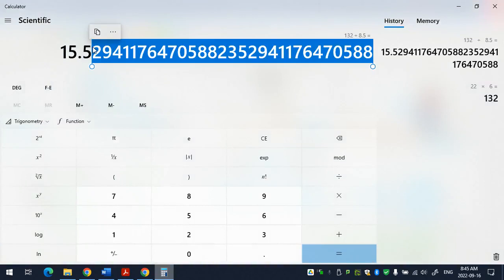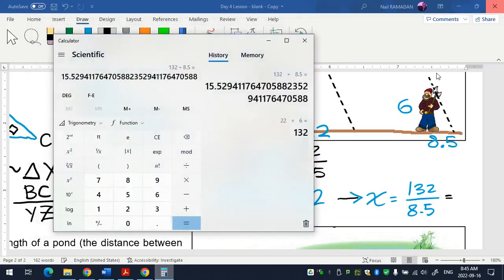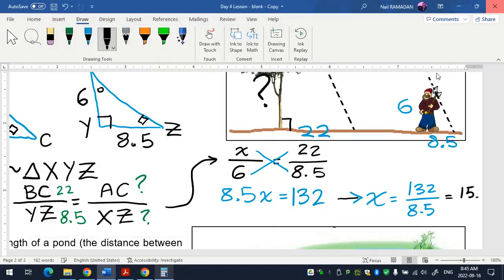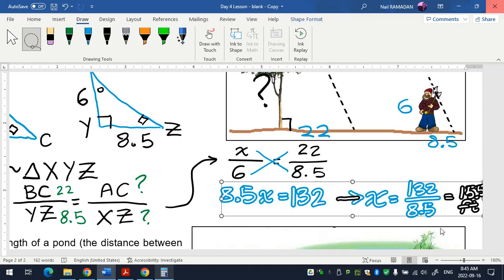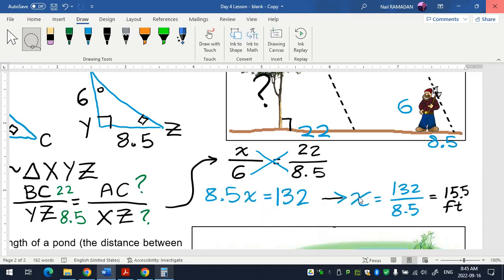Does the 5 change or no? Nope. So what's the final answer? 15 and a half feet. 15.5 feet. Sorry, let me just move it. There we go. 15.5 feet.